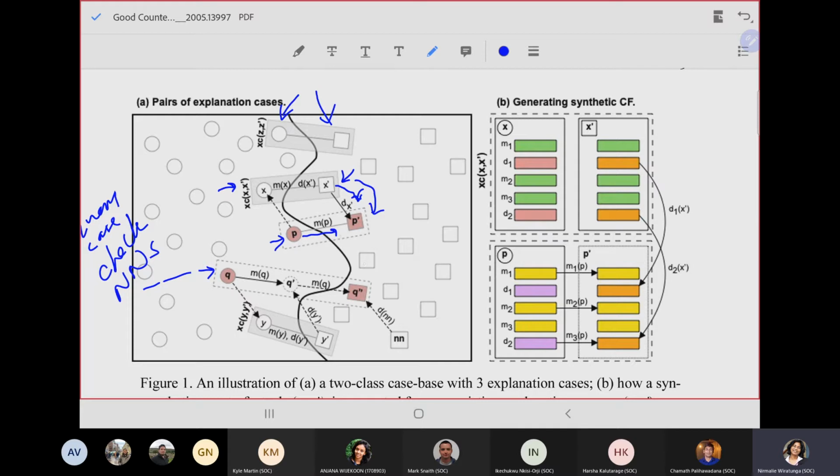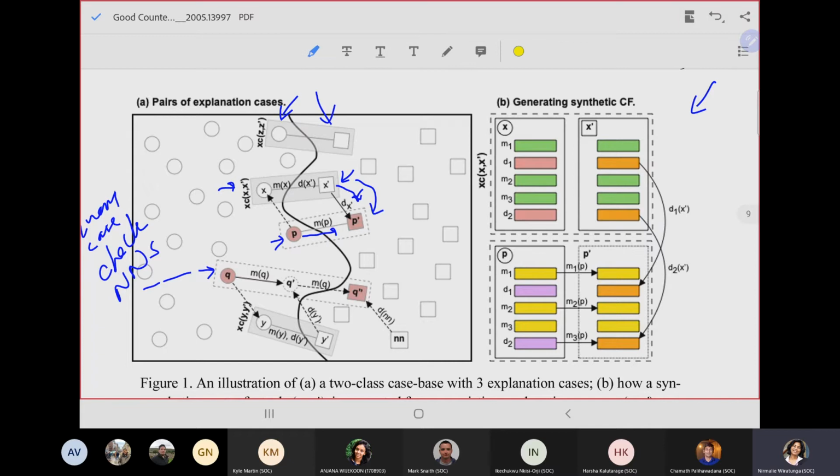In order for us to do this, it was very important that we had an explanation case base with these pairs of explanation cases. These are the gray cases. And on this side, they show in a picture how they copy and paste from the query case and from the counterfactual case.